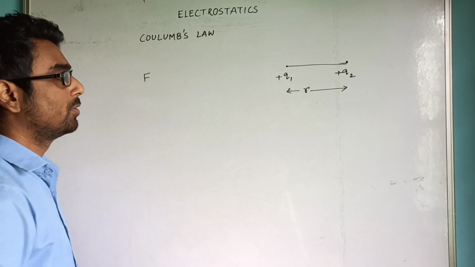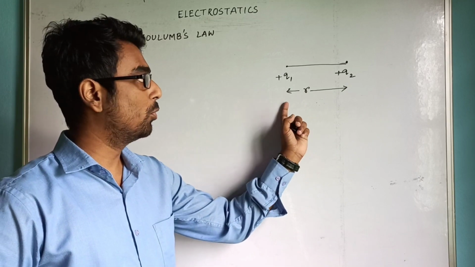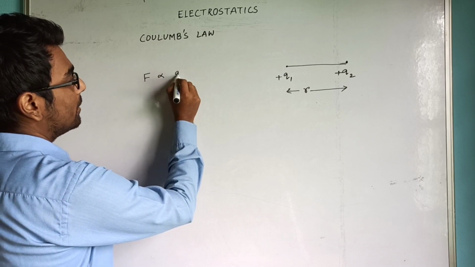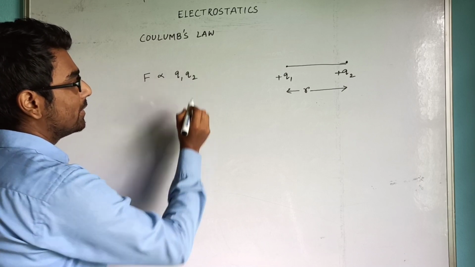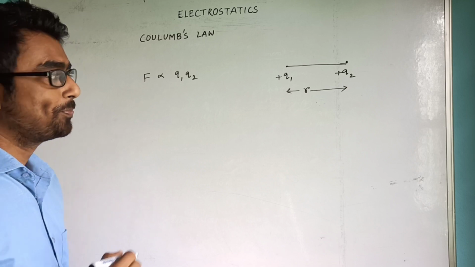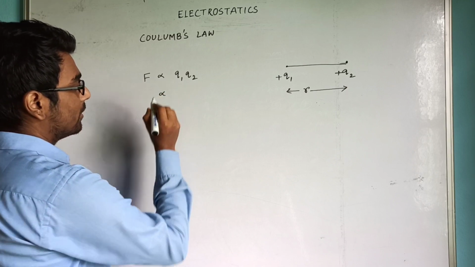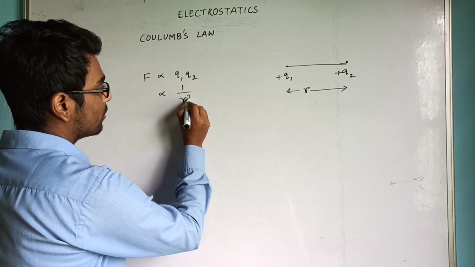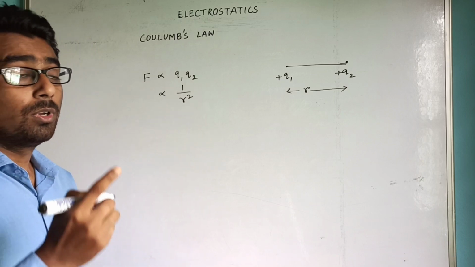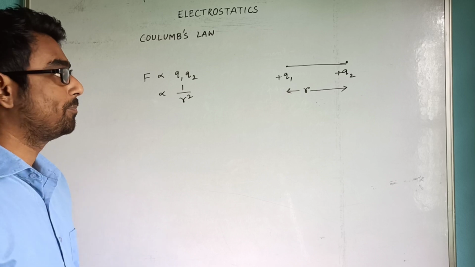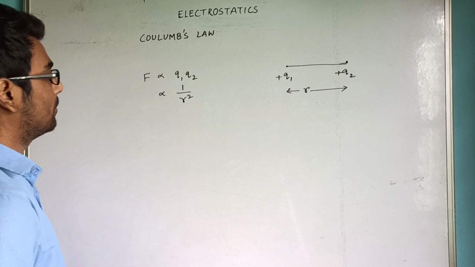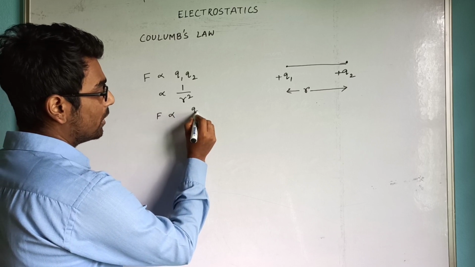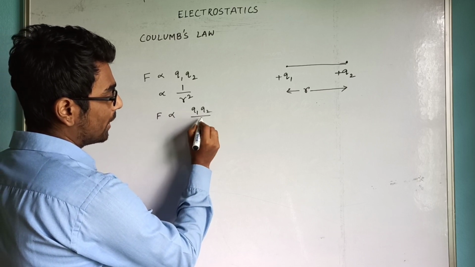the force which exists between both the charges is directly proportional to the multiplication of both the charges, that is Q1 and Q2. Second, it is directly proportional to 1 by r square, or inversely proportional to the square of the distance between them. As a whole, we can write F is directly proportional to Q1 Q2 by r square.